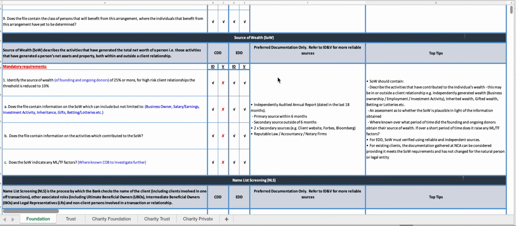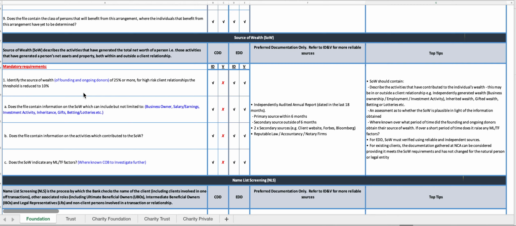Source of wealth. So basically for CDD you don't need to verify, you just need to identify. For EDD you need to verify and identify source of wealth for high risk customers and individuals. So you identify the source of wealth, 25% or more. Does the file contain information on source of wealth, which includes but is not limited to business ownership, savings and earnings, inheritance, lotteries, and so on?